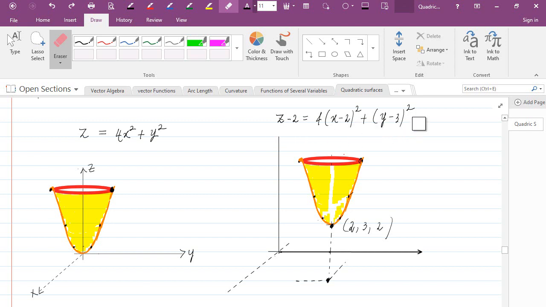And the graph of this new equation is in fact a translation of this surface, where you're translating by 2 units in the positive x direction, by 3 units in the positive y direction, and by 2 units in the positive z direction. So the vertex comes to the point 2, 3, 2.